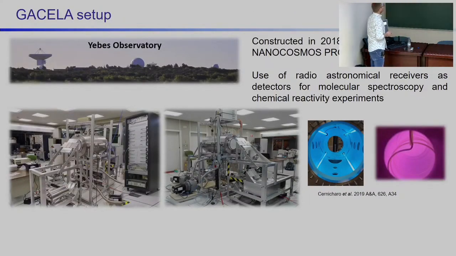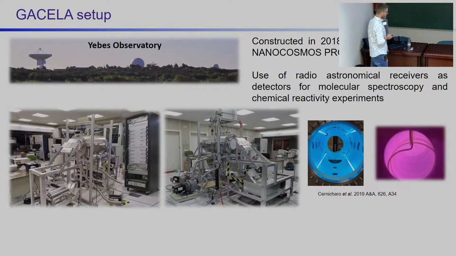Well, Gacela, which means gas cell for laboratory astrophysics, is an experimental setup that was built in the Cabezas Observatory in 2017-2018 under the context of the European project Nanocosmos.